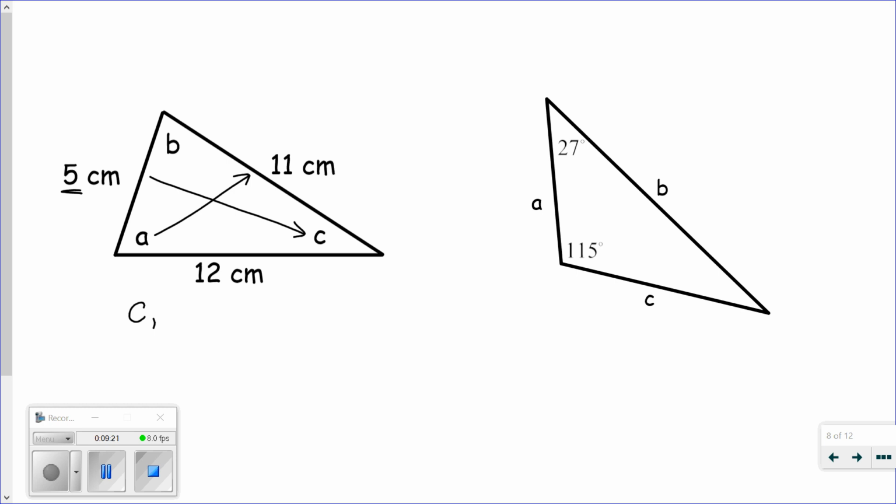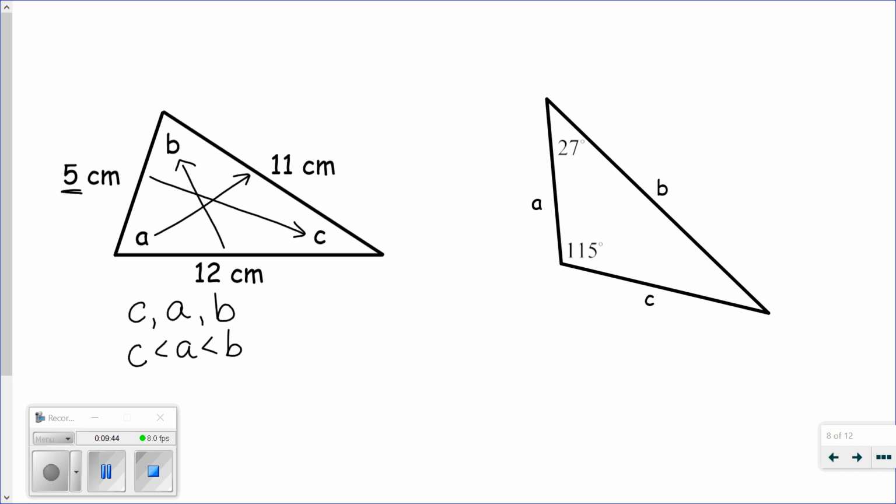So A would be my next larger angle. And then finally, this is my largest, so my largest angle would be B. So in order least to greatest, I could say C is less than A, which is less than B. All right, so that might be a way to say that.